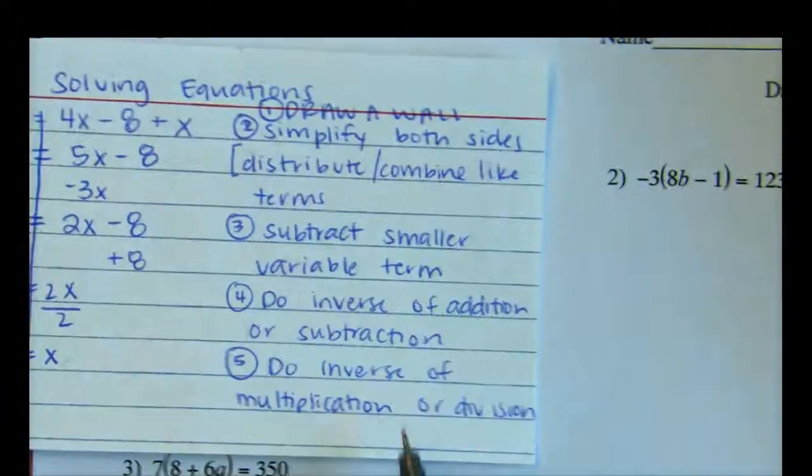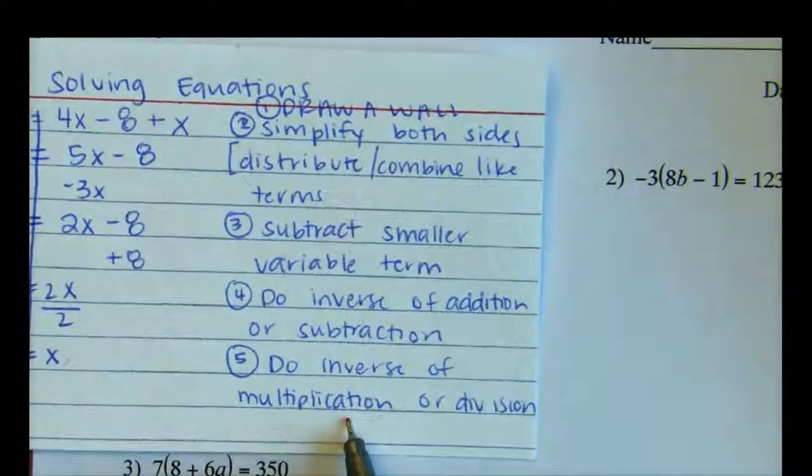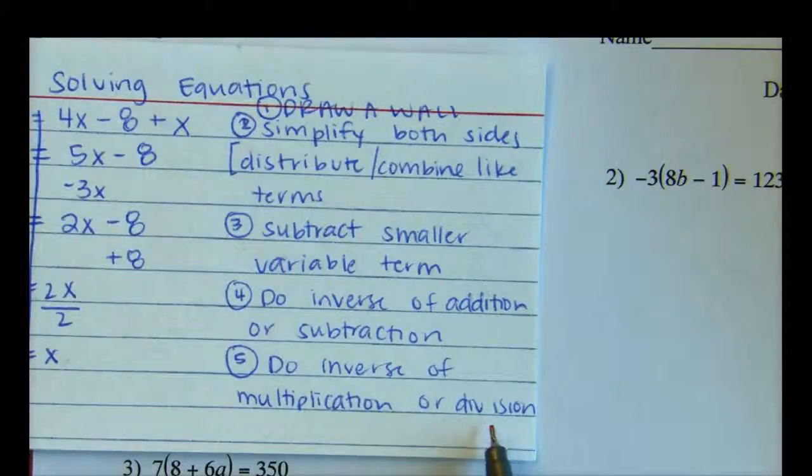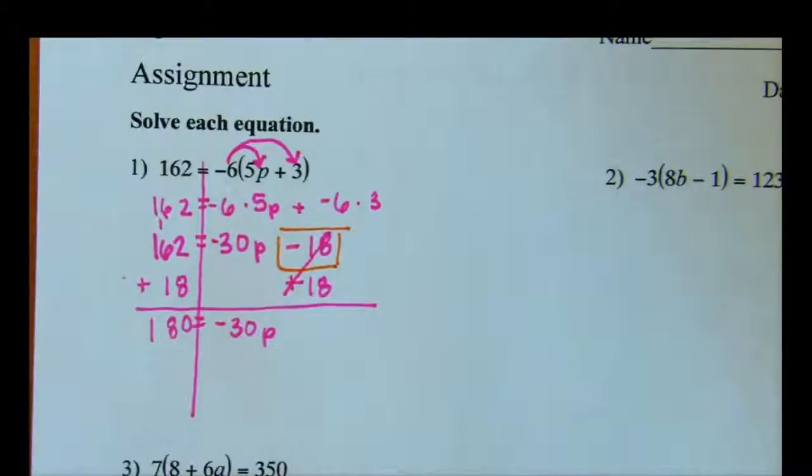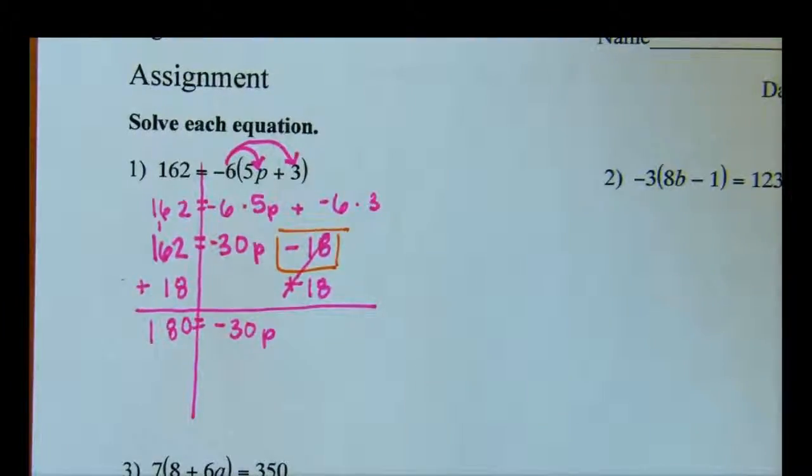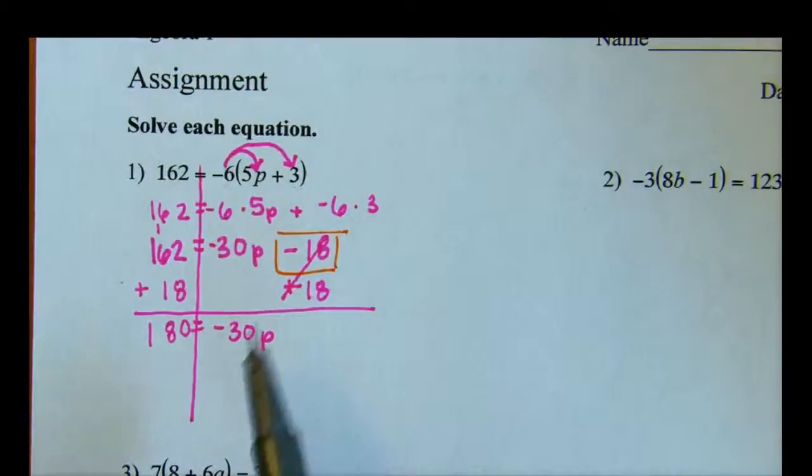Okay, my next step is to do the inverse of multiplication or division. So I'm going to take a look and identify where I have multiplication or division in this problem. When I've got a number that's really close to a variable right next to it, the operation that's in between is multiplication.